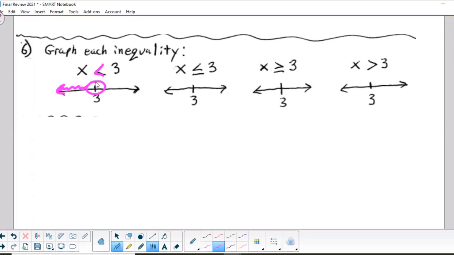Okay, you try the others real quick and I'll just go over it. Try the others, see if you can get those right. So sometimes they're solid, sometimes they're open.